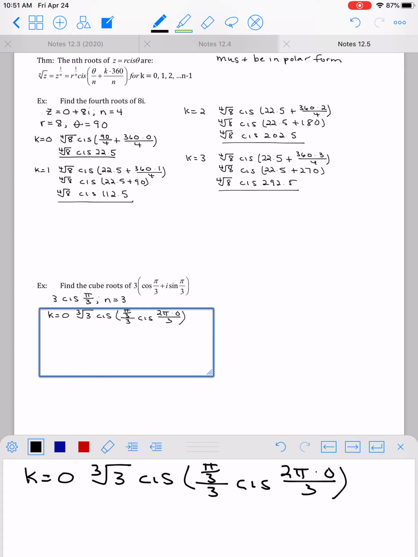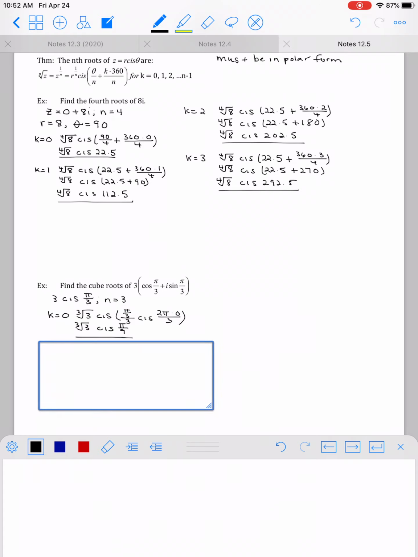So this becomes cube root of 3. Now be careful here. Pi over 3 divided by 3 is like pi over 3 times 1/3. So that's going to be pi over 9, and then that's a 0. So watch your fractions there. Try to be mindful of how we're dividing.